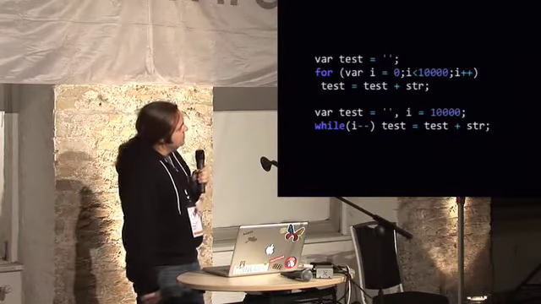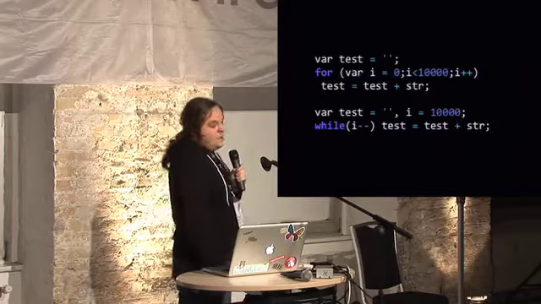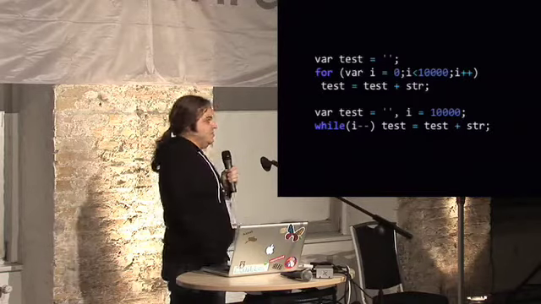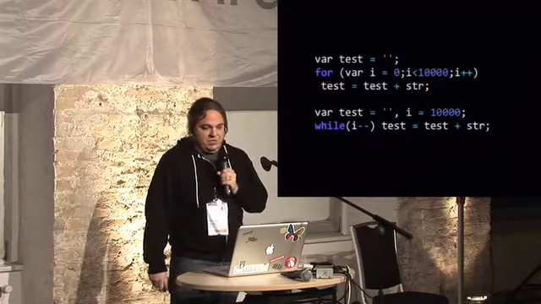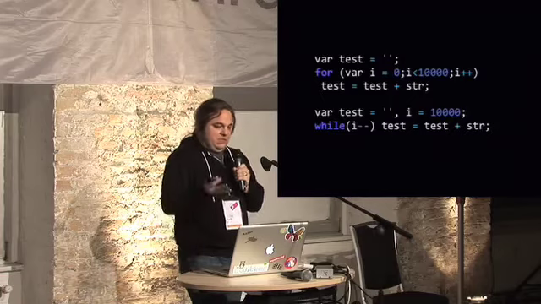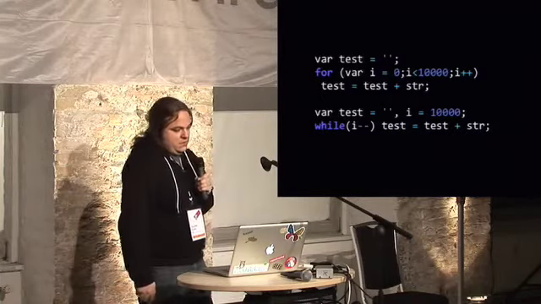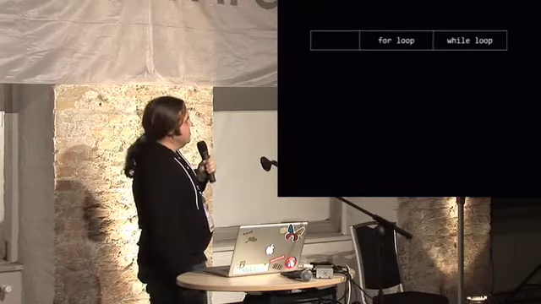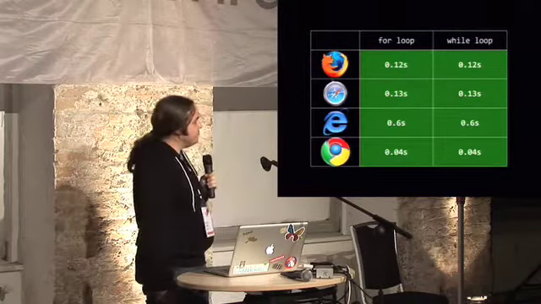The while i-- counts down the i until i hits 0, and then the expression is false, and then your code continues. So for each code snippet, it will add str 10,000 times to the test variable. How is the performance? It's easily explained. The performance is exactly the same.